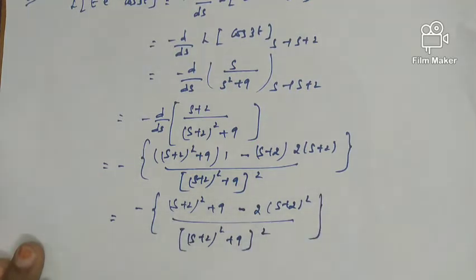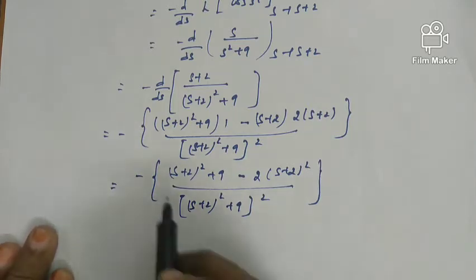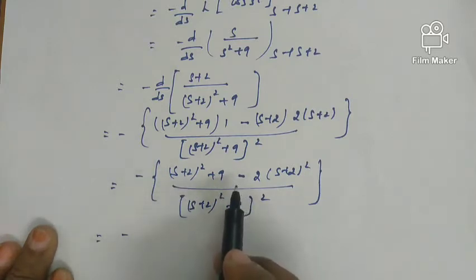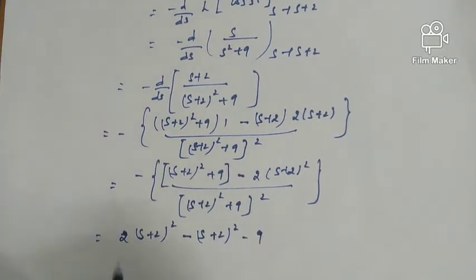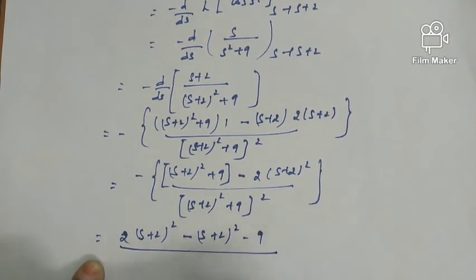Is it clear? So in all the terms we can have that s plus 2 the whole square. So we can take the minus inside. Divided by s plus 2 the whole square plus 9 the whole square.